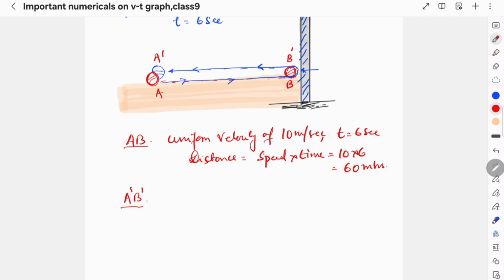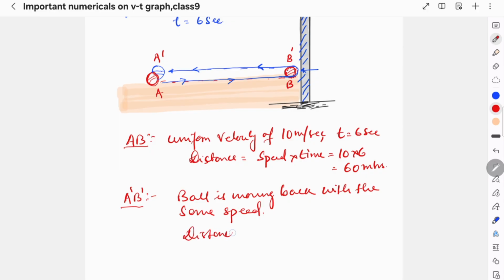Okay. So for A dash B dash, now the ball is moving back with the same speed. So distance traveled will be again 10 into 6, that is 60 meters, but in backward direction.